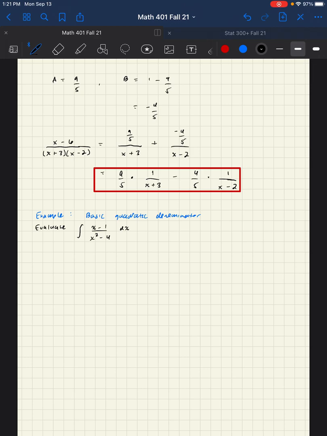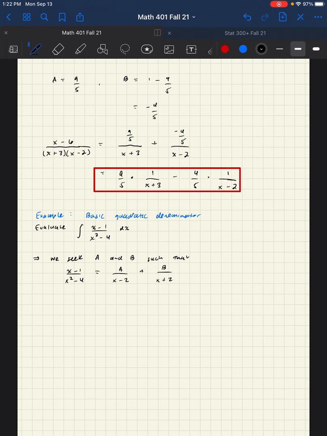So the denominator here is x squared minus 4, which factors into x minus 2 times x plus 2. So we seek a capital A and a capital B such that this rational function will split into A over x minus 2 plus B over x plus 2.